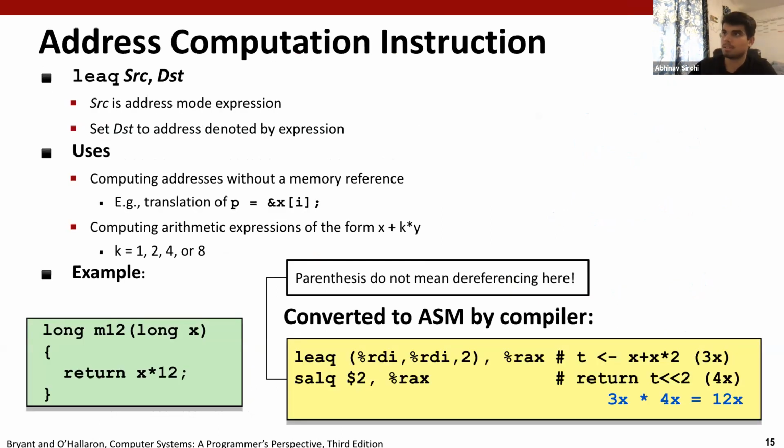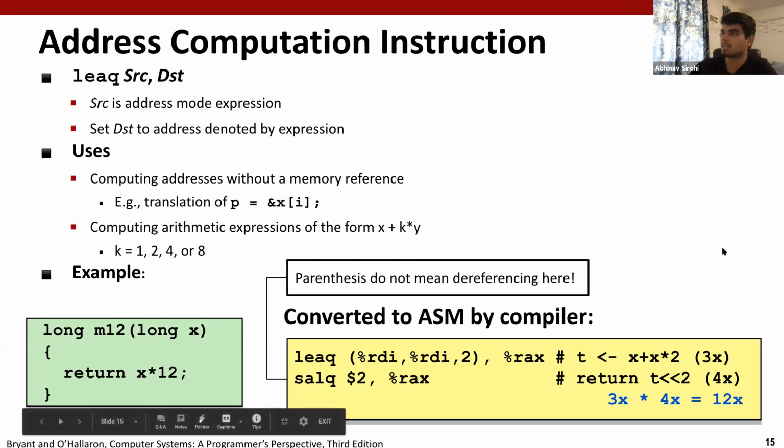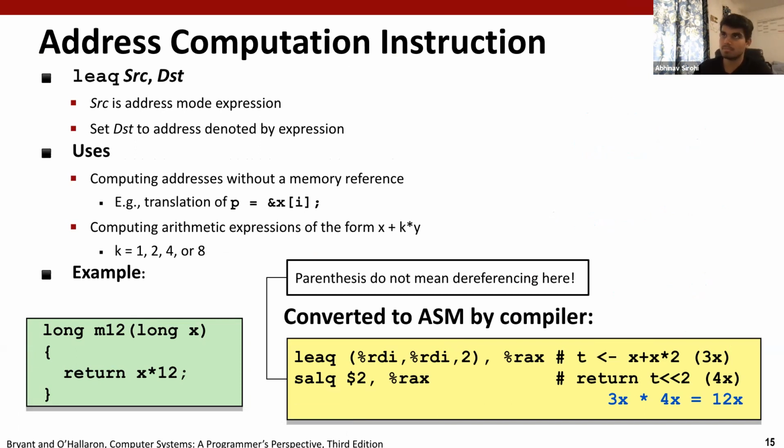And so the assembly instruction that actually computes this address for us is called LEA. You could also pronounce it Leah, and it takes a source and a destination. And so the source is actually the address mode expression.